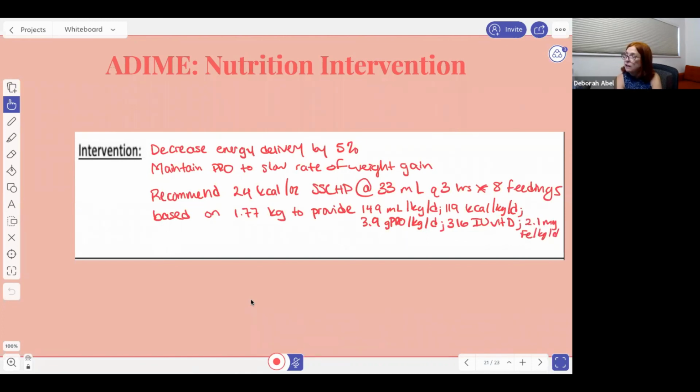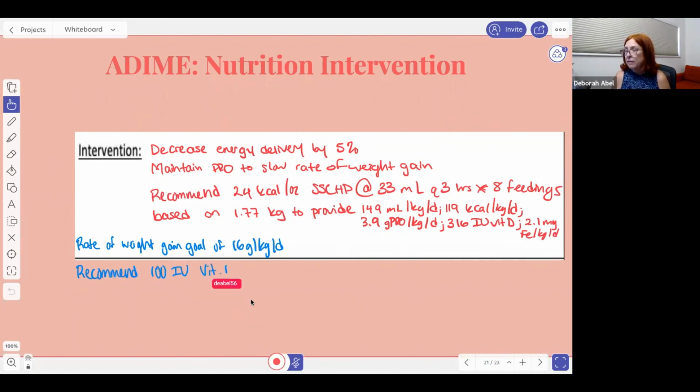The next statement is our rate of weight gain goal is specifically 16 grams per kilogram per day. And then we're going to recommend supplements, and we're going to recommend 100 international units of vitamin D. And depending if we had the hemoglobin and hematocrit, you could recommend 1 milligram of iron, but it would be okay not to recommend it.